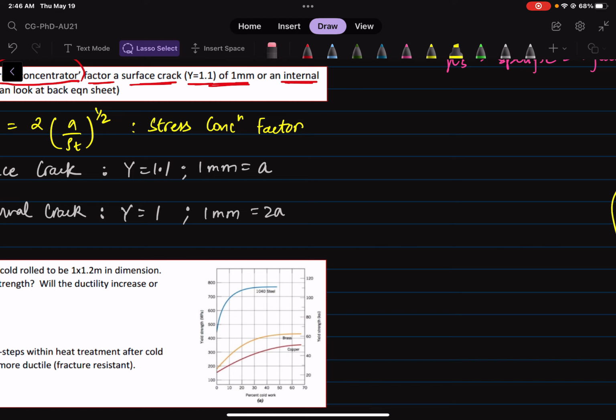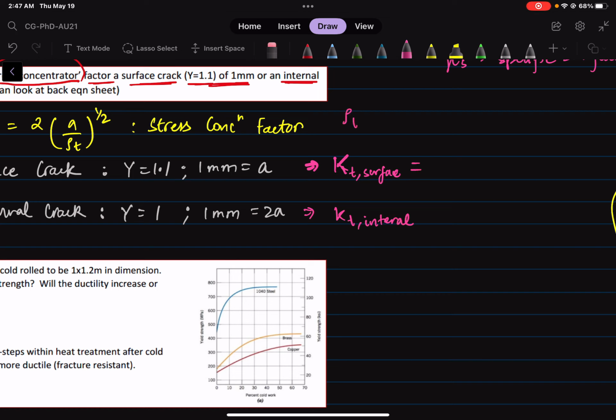So when you try to solve this question, for kt surface, so this is a surface crack, right? And then this will be kt internal.